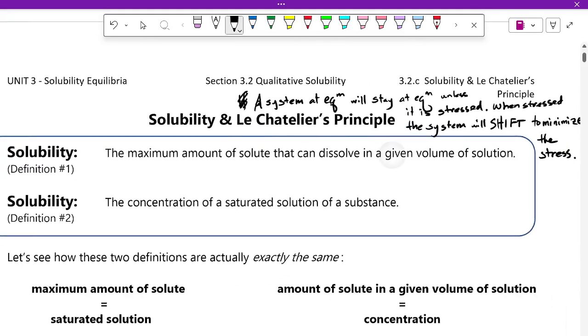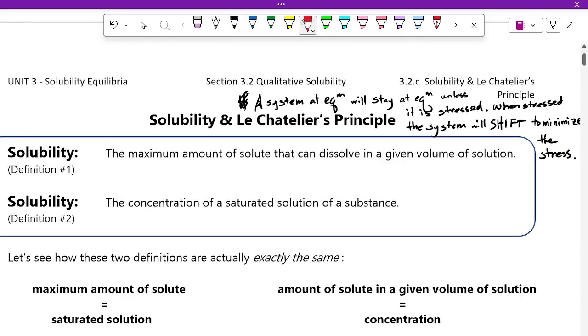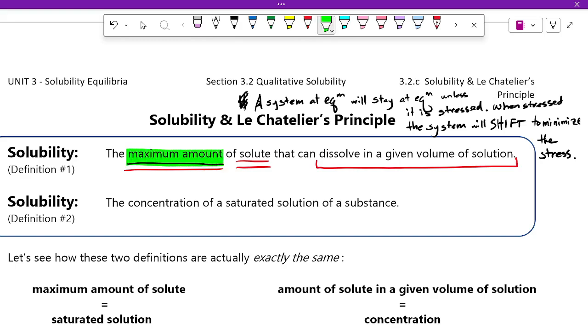Okay, our definitions of solubility: the maximum amount of solute that can be dissolved in a given volume of solution. The second definition of solubility is the concentration of a saturated solution.